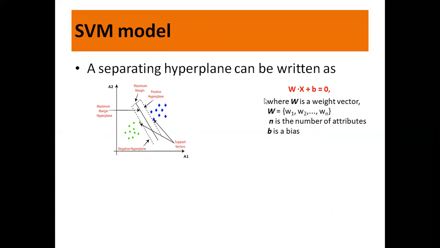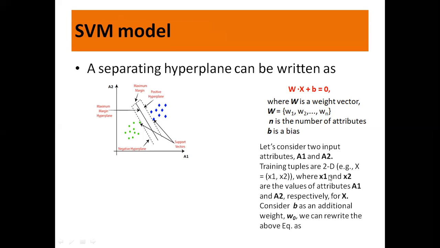So a separating hyperplane, we can write it in the form of a formula W·X + b = 0. So what is W here? W is a weight vector, W1, W2 till Wn, where n is the number of attributes, and b is the bias. Now to add some visualization, let's consider two input attributes A1 and A2.